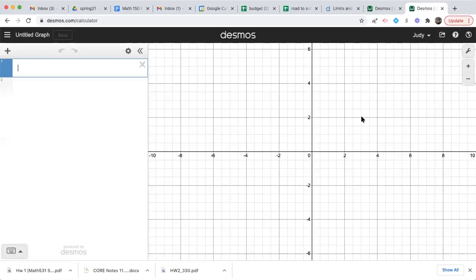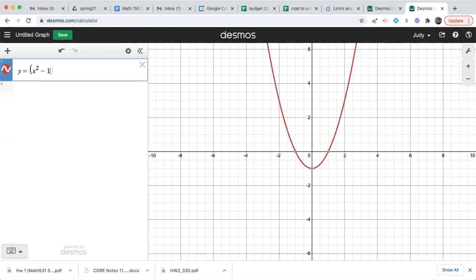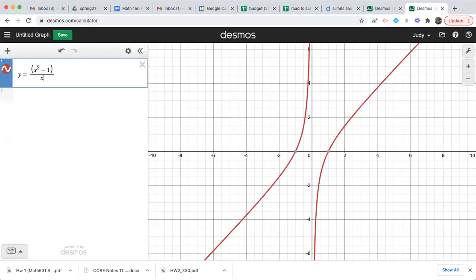All right. Desmos, such an amazing tool. So let's graph our picture. So y equals x squared minus 1, that's in my numerator, divided by x minus 1.